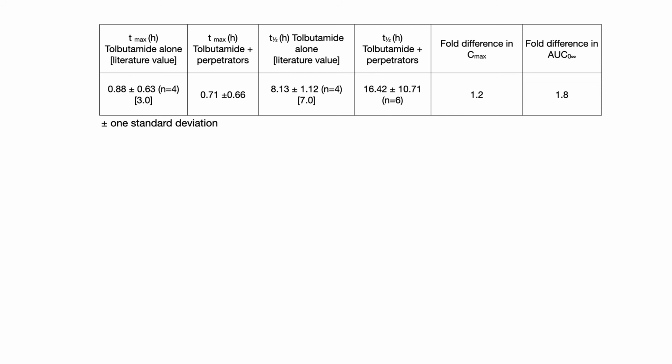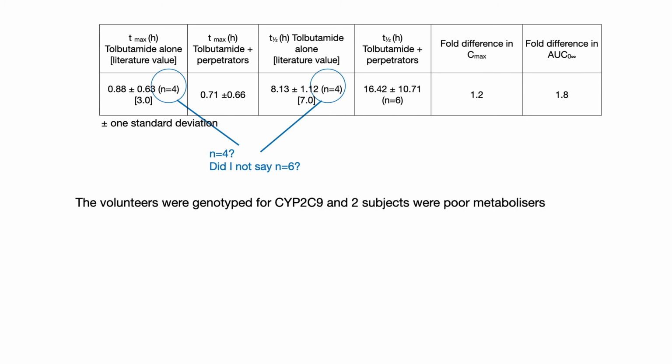Let's just go back to those pharmacokinetic parameters, and the really observant amongst you may notice something here, and that is n equals 4. This is only 4 subjects. Now, I did say that we administered 6 subjects, and indeed we did give 6 subjects Tolbutamide. These subjects were all genotyped.